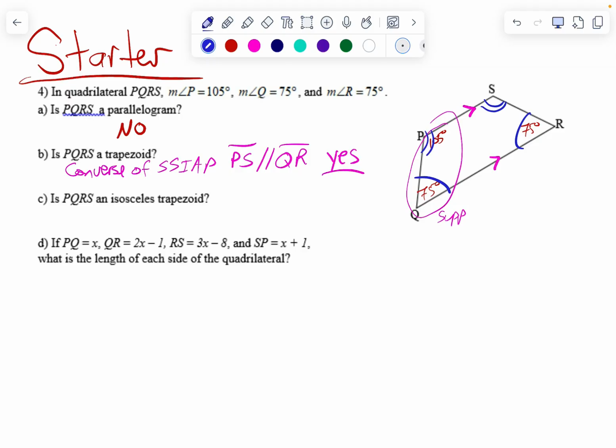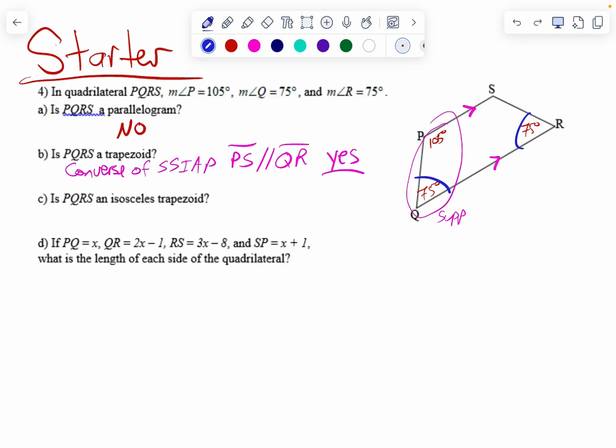So we see the bottom two are. Is there a way to prove if S is also 105? I can think of two ways. Yeah, Isaac?